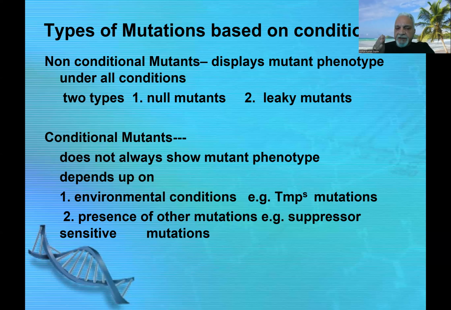For suppressor sensitive mutations, you have to have that genetic background. Then only you will see the mutant phenotype. Under normal conditions you won't see it; the mutation will be there, but it won't show the mutant phenotype unless there is that genetic background. We call it suppressor sensitive mutations. Okay, so another way of classifying mutations depends on when they show their impact on a phenotype, non-conditional or conditional.